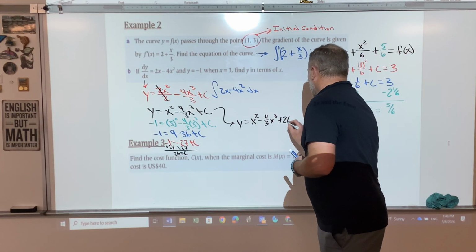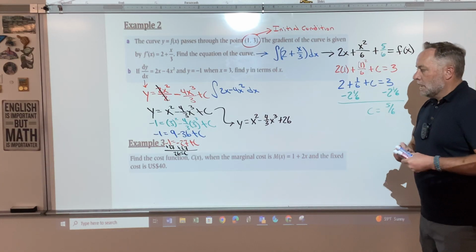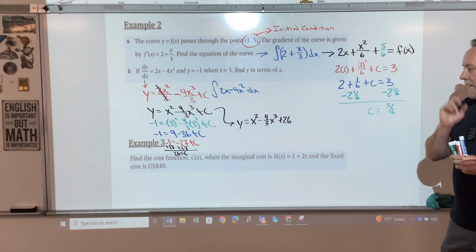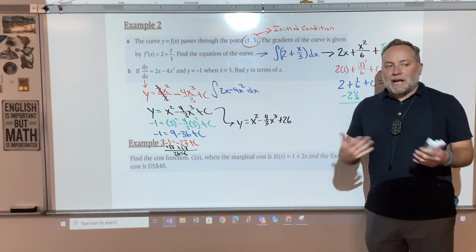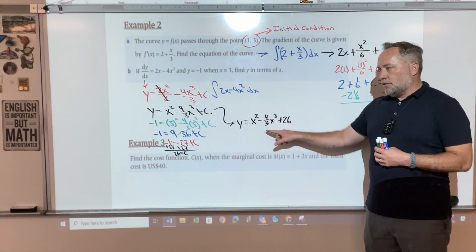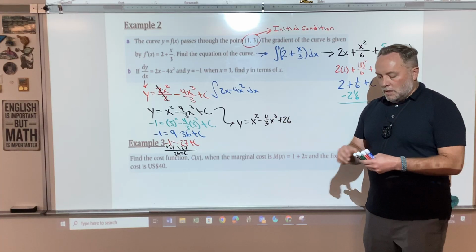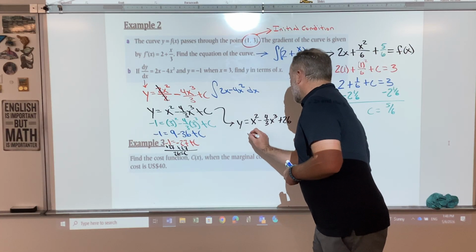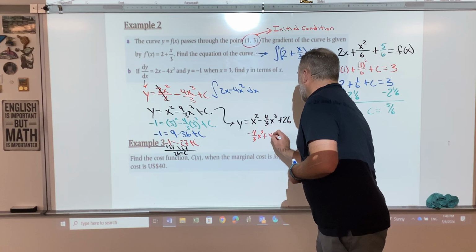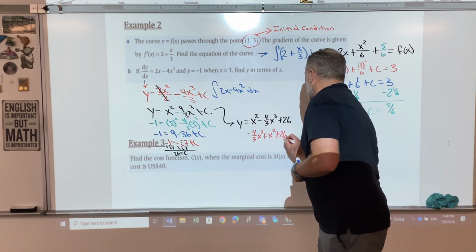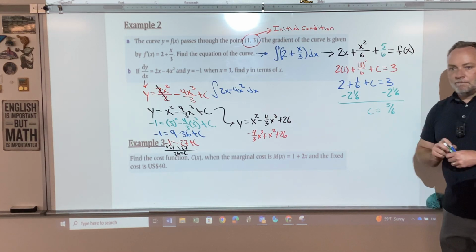Would it be better to write it as 4/3 x cubed or as 4x to the third over 3? So the only thing I don't love about this is if you're writing it in standard form, this should be your first term listed. So you would rewrite that as -4/3 x to the third plus x squared plus 26.